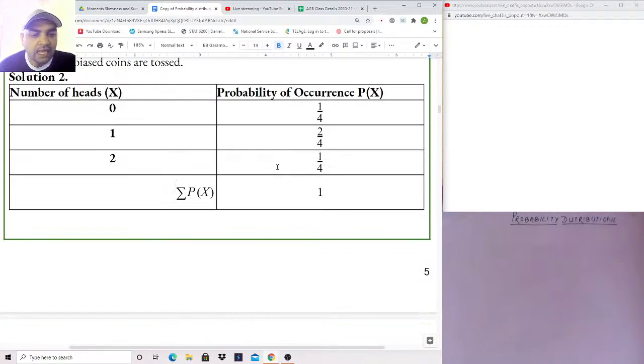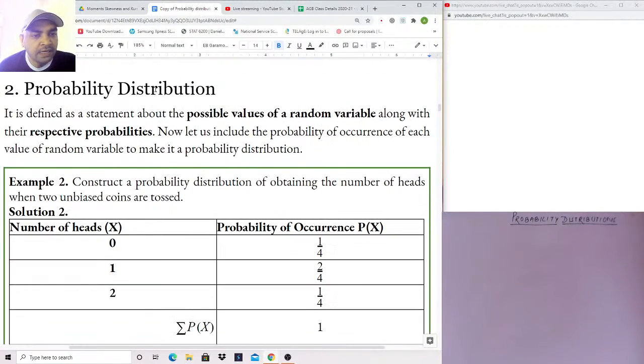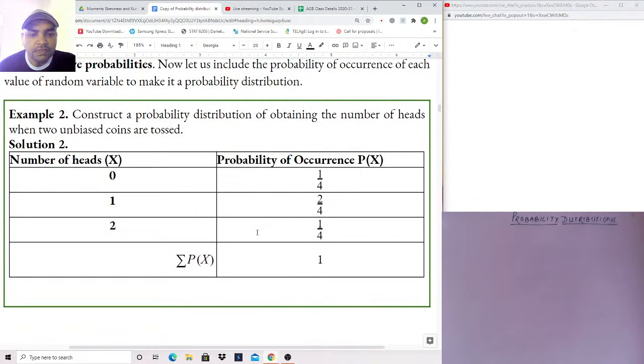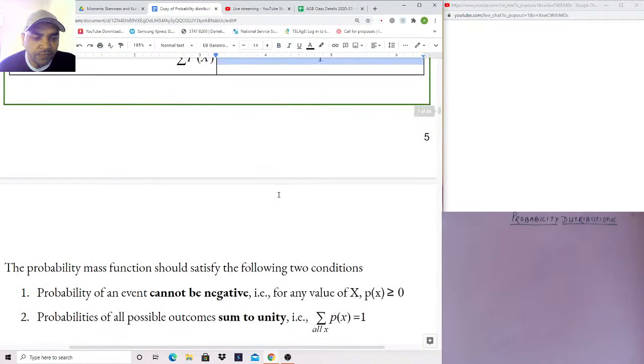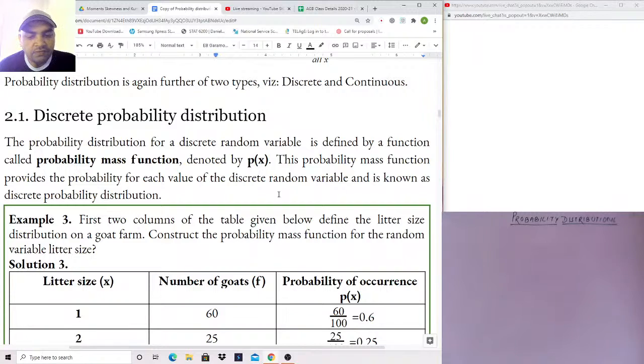Then I discussed the probability distribution, that is, how, as per the random variables, the probability function associated with each random variable can be calculated. And what are the properties of this probability distribution? They all should be greater than or equal to 0, no negative numbers, and should sum up to 1. Then we discussed the discrete probability distribution.